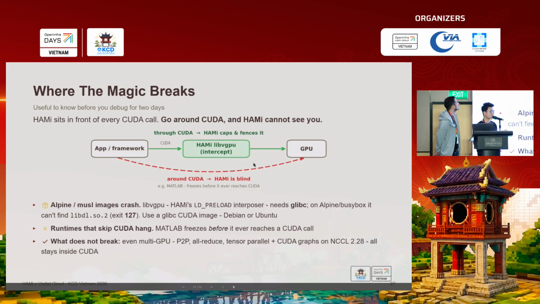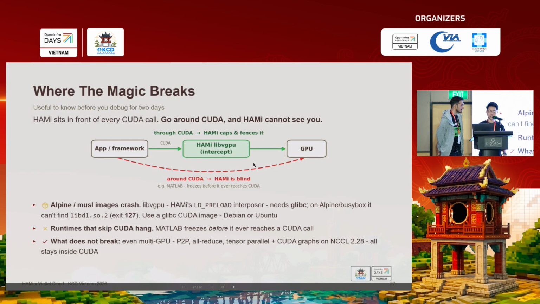And where the magic breaks: the mechanism of HAMi sits in front of every CUDA call, as Zera showed you already. In some cases, if you go around CUDA, HAMi cannot see you. Most AI jobs use CUDA, but some container images, like those from NumPy or musl, do not have libdl, so it will break.